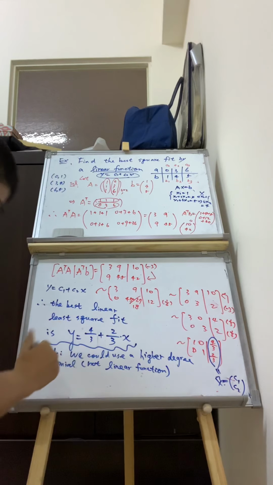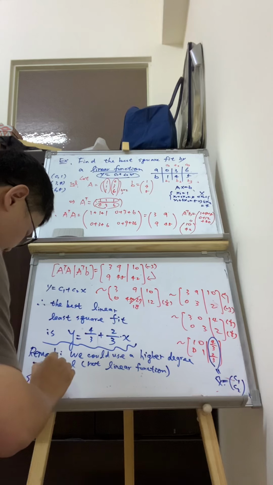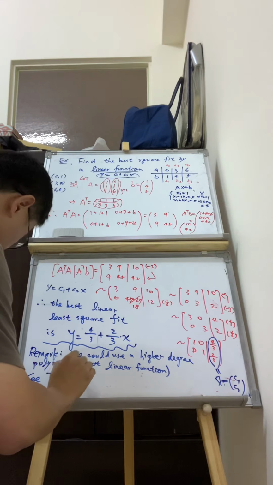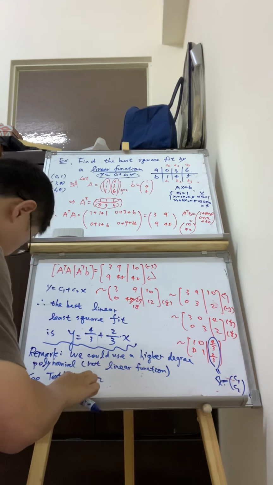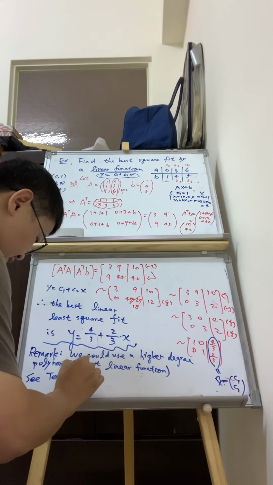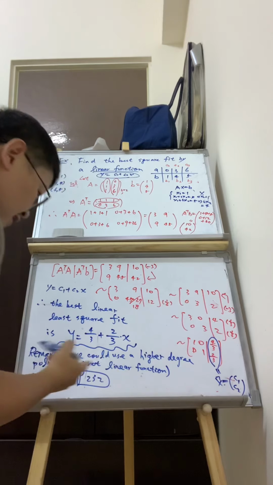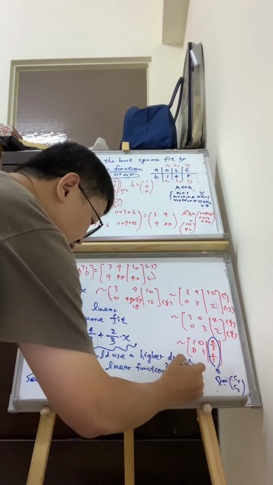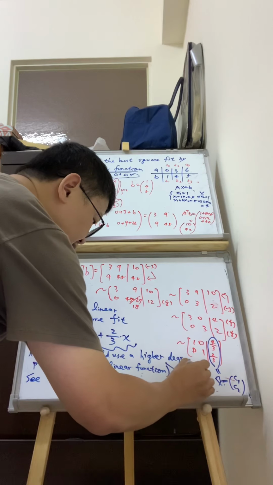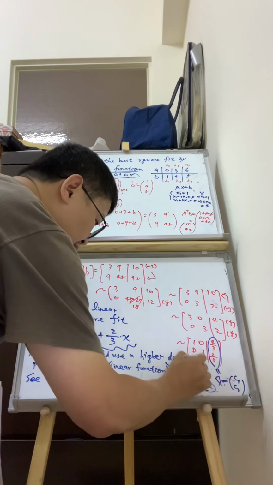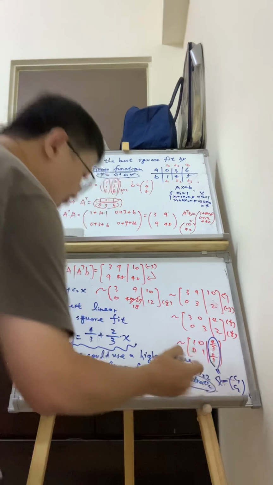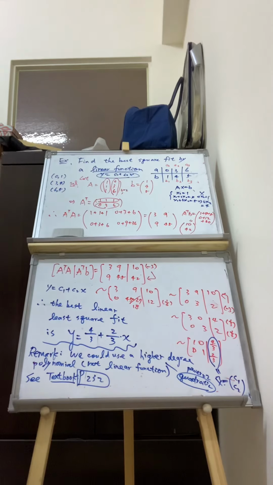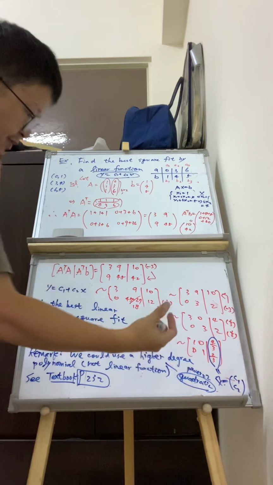You could see the textbook, page 232. Here a higher degree, for example quadratic, means that the power equals 2. If it's a linear function, the power is 1, or 0, and for quadratic, the power is 2.